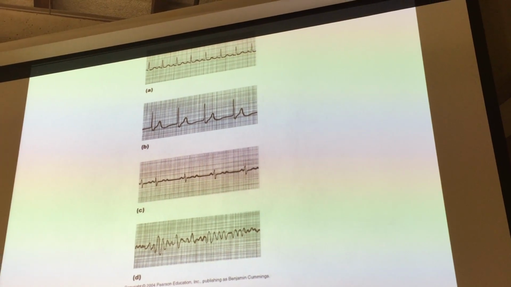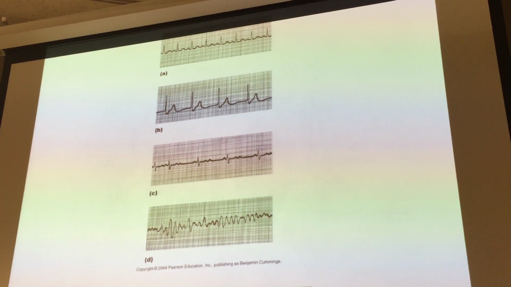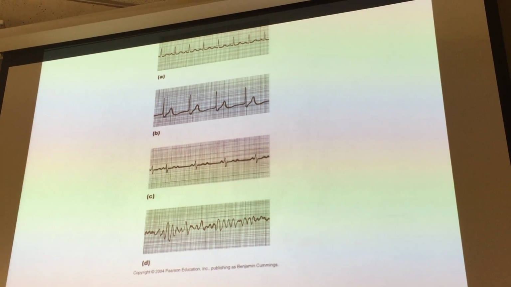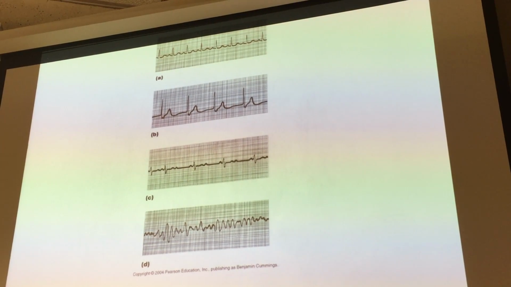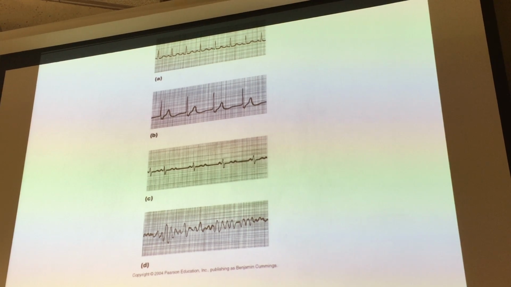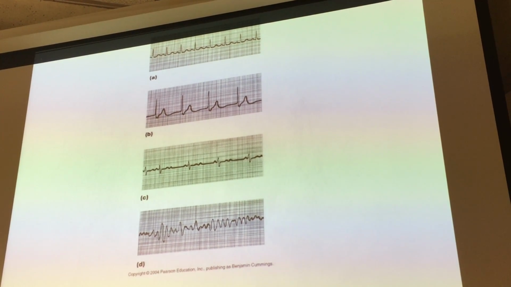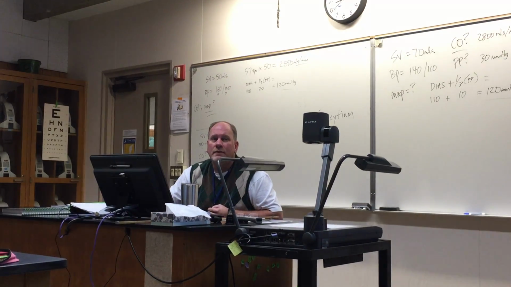It's always helpful to label the waves. When you try to label the waves on B, what's missing? There's no P. So what's not happening? Atrial depolarization. We're not depolarizing the atria because the SA node is not firing. The P wave has disappeared.